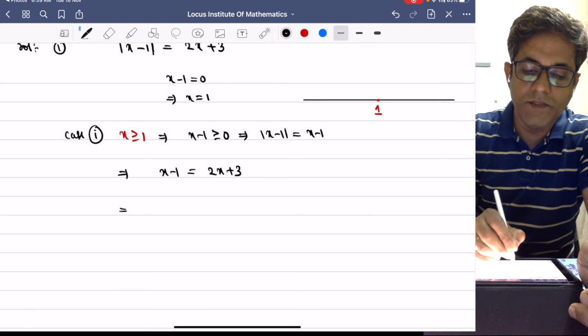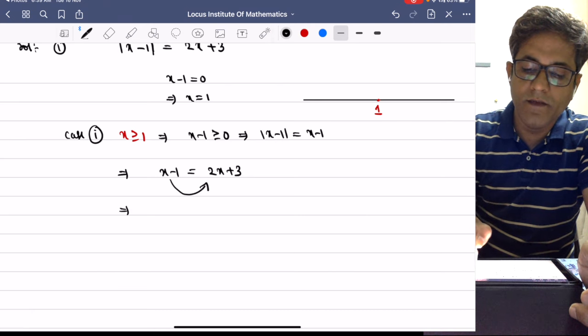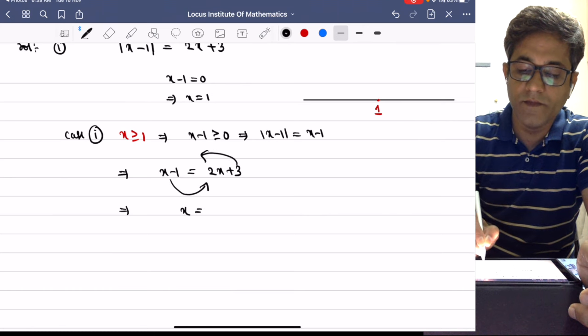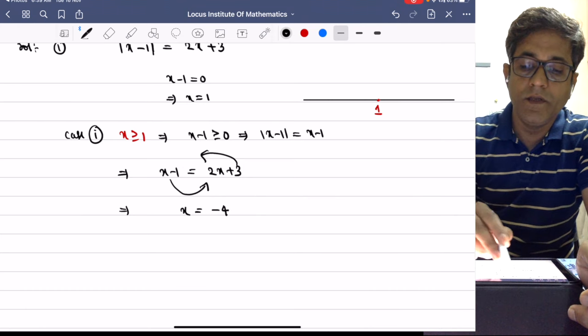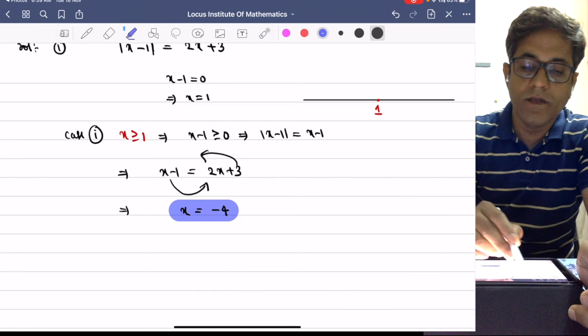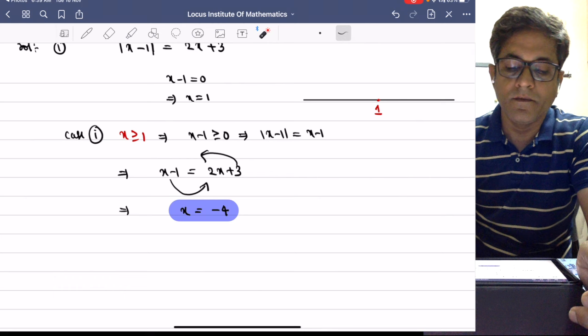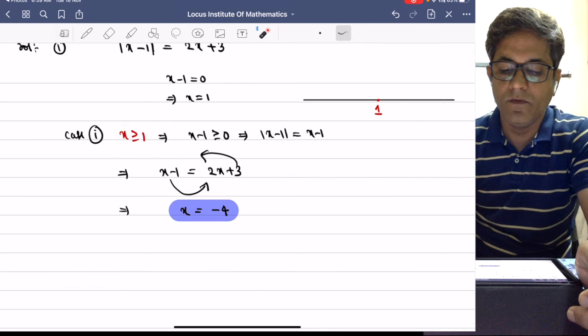So the equation becomes x minus 1 is equal to 2x plus 3. Take x to this side and 3 to the left hand side. From this, x is equal to minus 4. So here our case is x is greater than or equal to 1, but we got x as a negative quantity.